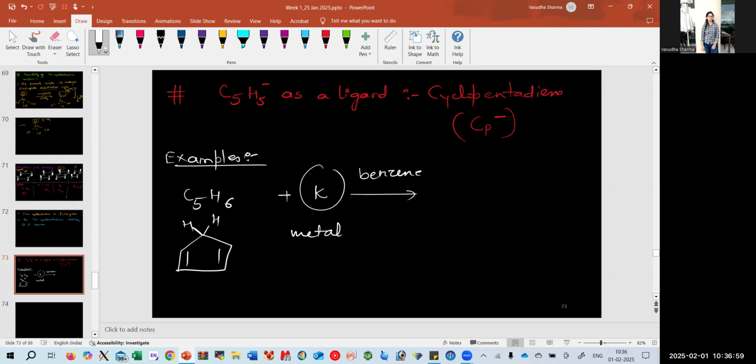Once this gives an electron, this H goes out as an H positive. Another H takes an electron from potassium and therefore releases hydrogen gas. So we ultimately get K plus C5H5 minus.